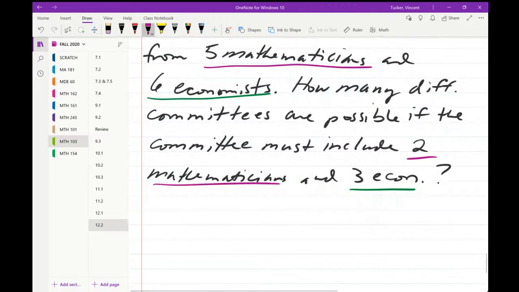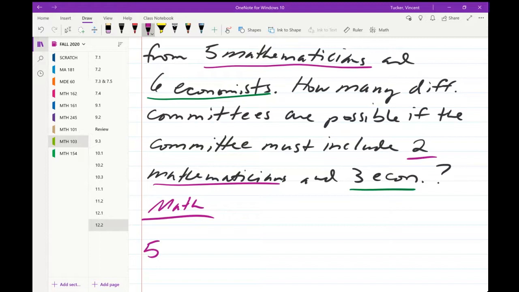So we have two different groups here, and we're trying to figure out how many different ways can we choose a certain number out of each group. So I want to choose 2 out of the 5 mathematicians, because those 2 mathematicians will not come out of the group of economists.